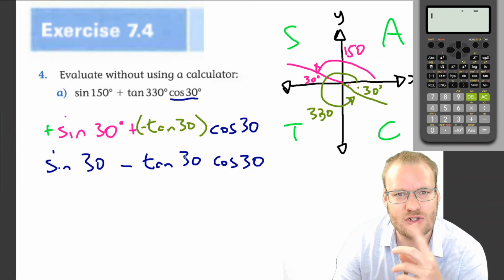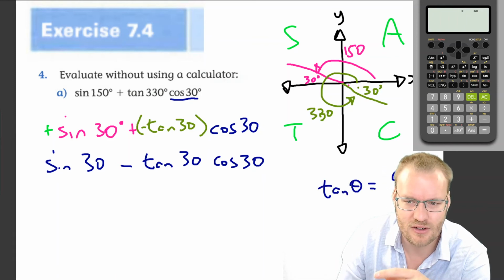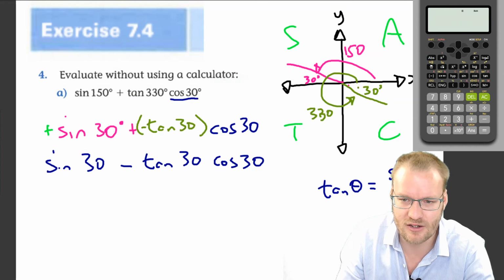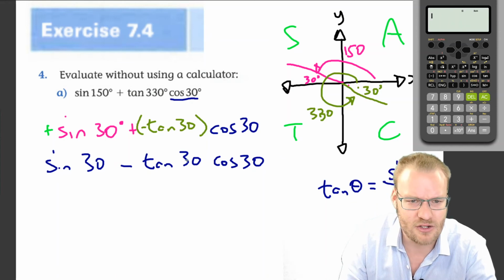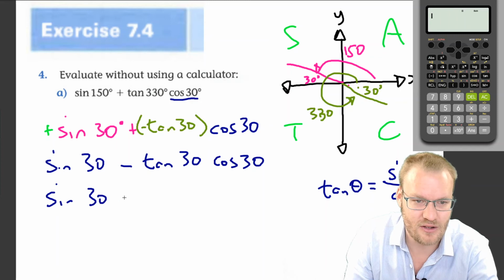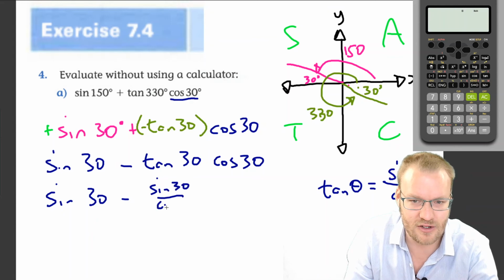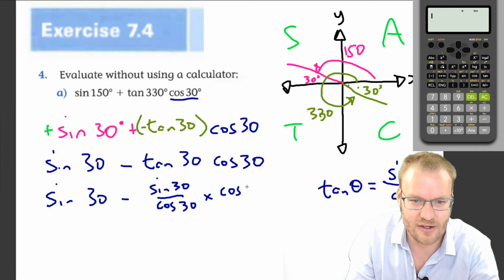Tan is the same as, we know that tan theta is the same as sine theta over cos theta. Okay, so tan 30 is the same as sine 30 over cos 30. So sine 30 minus tan becomes sine 30 over cos 30, and then we need to multiply it by cos 30 over 1.